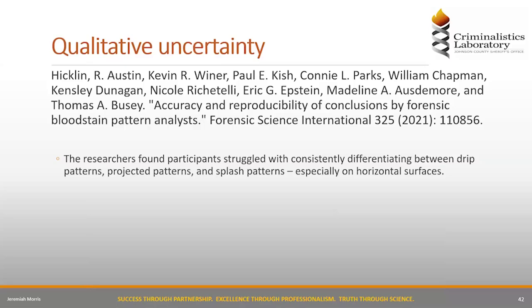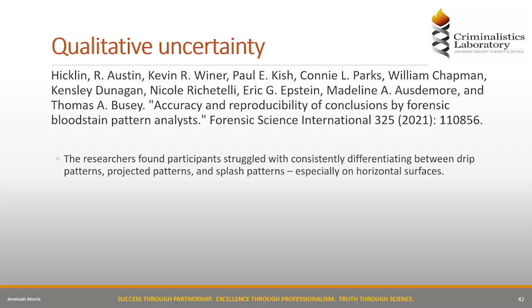And the necessity of considering qualitative uncertainties came up in the black box study that was published a few years ago. And if you read the supplemental data, which is a Word document that's like 70+ pages long that has just a wealth of knowledge in there, you find out that the researchers discovered that participants struggled with consistently differentiating between these three patterns that were on horizontal surfaces: drip patterns, projected patterns, and splash patterns.